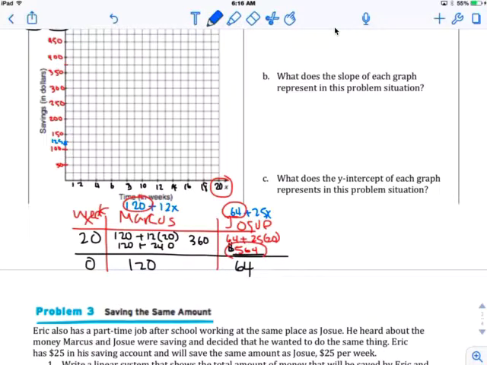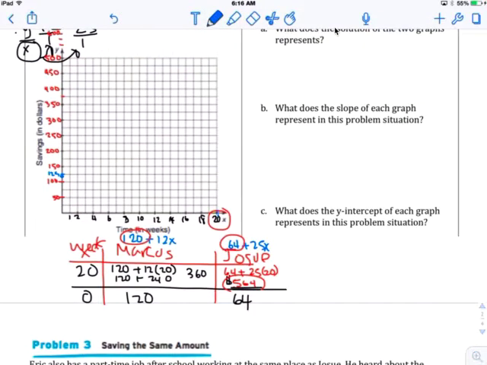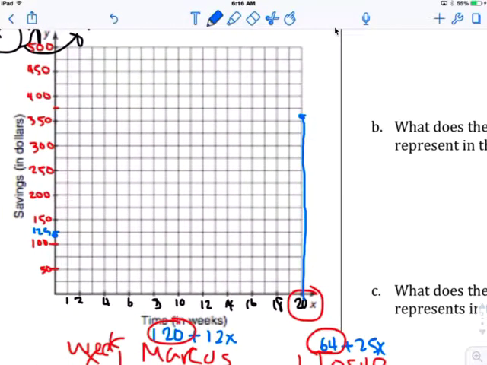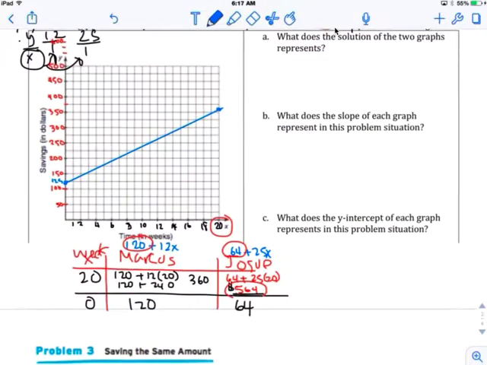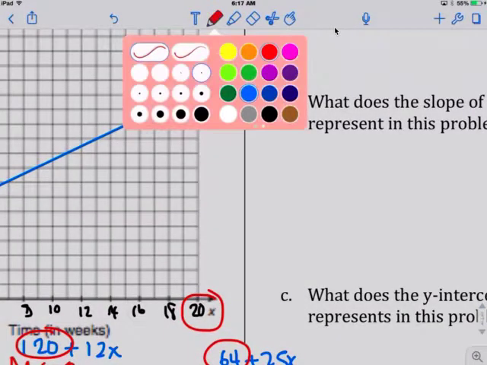And then at 20 weeks, he has 360. 20 weeks, go to 350, 360 is right above it. Connect the two dots. Right there. Boom. Label your graph, especially when there's two.